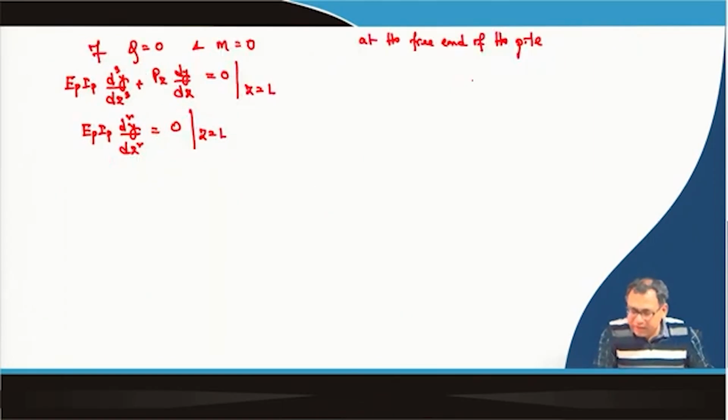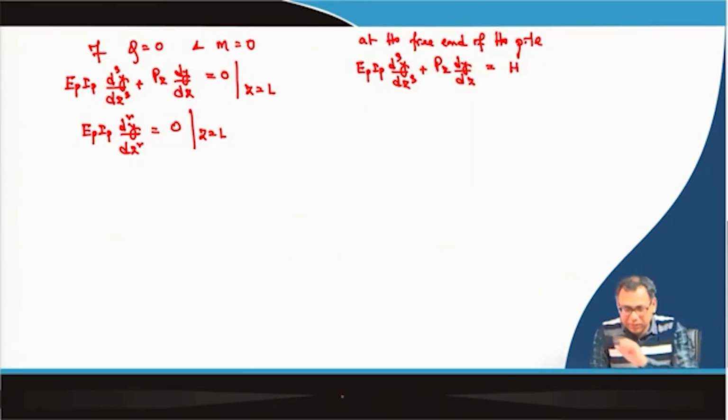So, for the free end of the pile, this shear force E_p I_p d³y/dz³ plus P_z dy/dz will be equal to H. That will not be equal to 0, because now a horizontal force is acting.